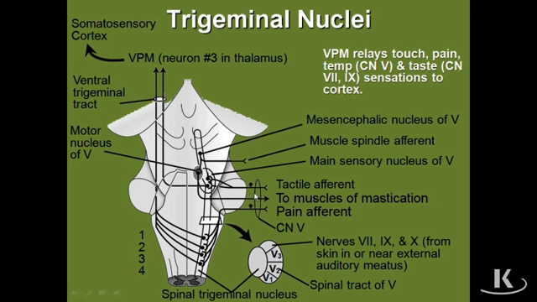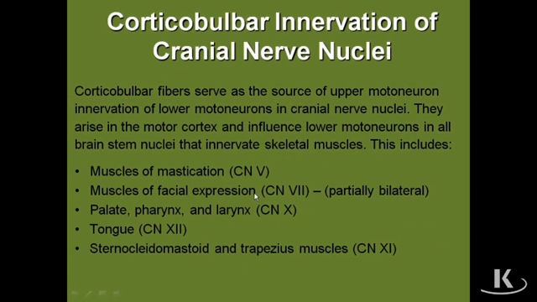The next thing that we need to talk about with regard to brainstem anatomy is how do lower motor neurons in cranial nerves receive their upper motor neuron innervation? Because like spinal nerve lower motor neurons, cranial nerve lower motor neurons have to be driven by a cortical drive. And the name of these upper motor neurons that serve cranial nerve lower motor neurons are known either as corticobulbar or corticonuclear fibers.